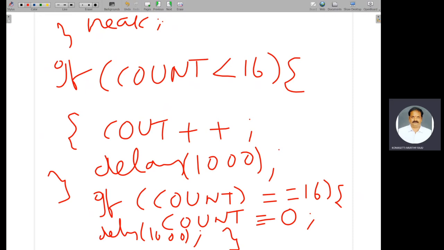And finally one more closing bracket is there. This is the display of the numbers by using a 7 segment display.